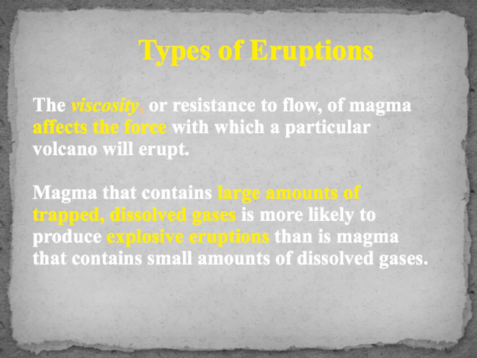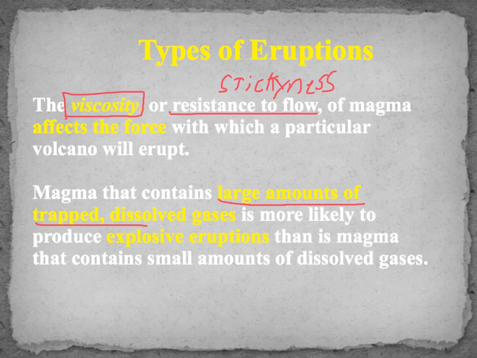And what we're really looking at is a property called viscosity. And viscosity is resistance to flow, or I like to call it stickiness. The stickier the magma, the harder it is to flow. And what we end up seeing is that magma that has lots of trapped gases, like from oxygen atoms in it, tend to produce an eruption that is called explosive, because it is very sticky.